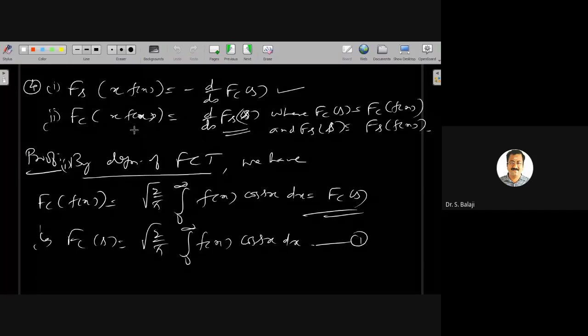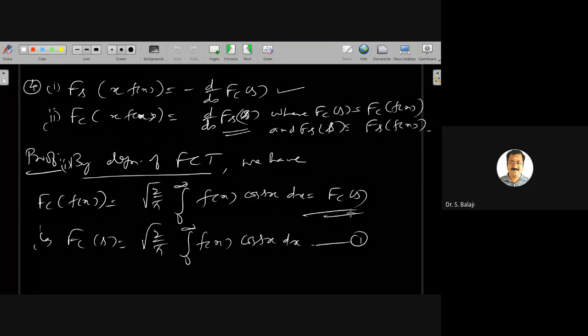We use the Fourier cosine transform first here. By definition, in order to prove this one, you take it right to left. You prove this property from right to left, because a property of the type x into f of x is always proved with the help of the right to left form. Therefore, by definition of the Fourier cosine transform, we have fc of s equal to root of 2 by pi, integral 0 to infinity f of x cos sx dx.